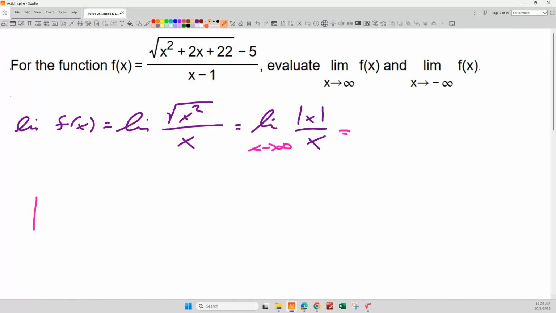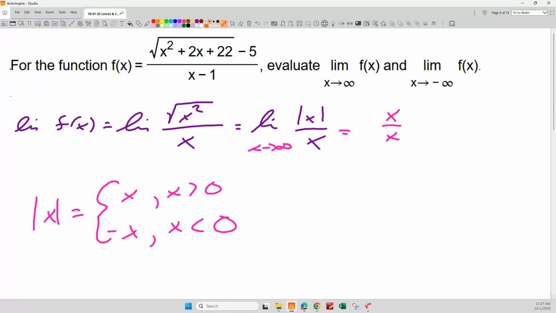Remember that piecewise function? We know that the absolute value of x equals itself when x is positive, and the opposite of itself when x is negative, right? So then this would just equal x over x, which is 1. Okay?